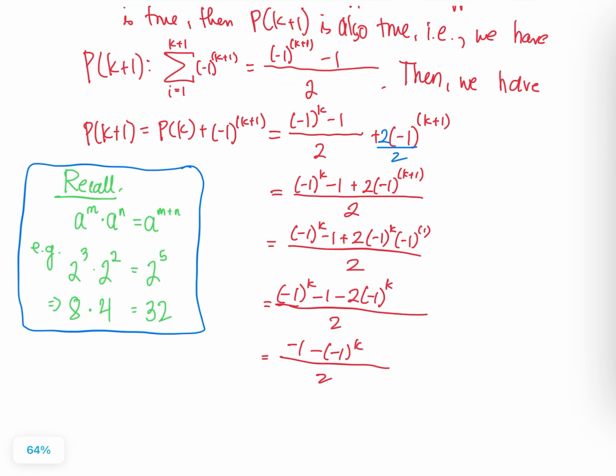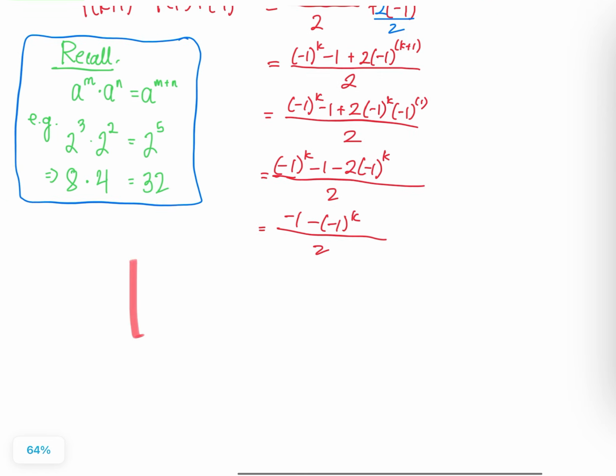We will use again the recall that I have here on the left side of the board. So okay, we can apply that in this case here. Notice that it has a negative 1. So okay, let's do that. This will become negative 1 plus, because I want to extract the negative 1.